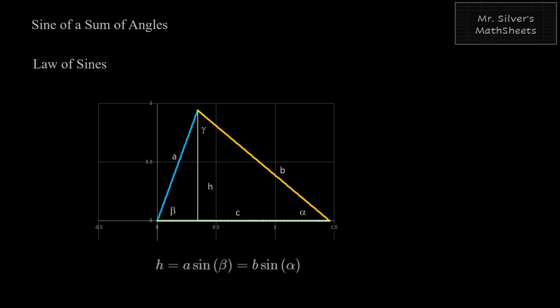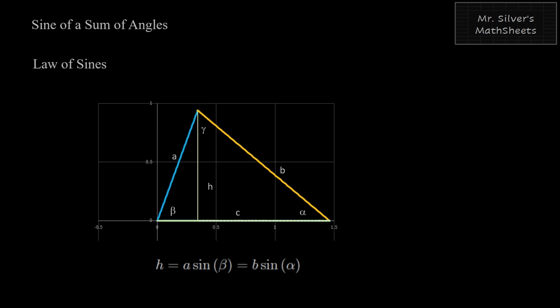Okay, here is the triangle that we're going to consider. A is the blue side, B is the orange side, C is the green side. Alpha is the angle opposite A, beta is the angle opposite B, gamma is the angle opposite C, the entire angle from A to B. H is the altitude.